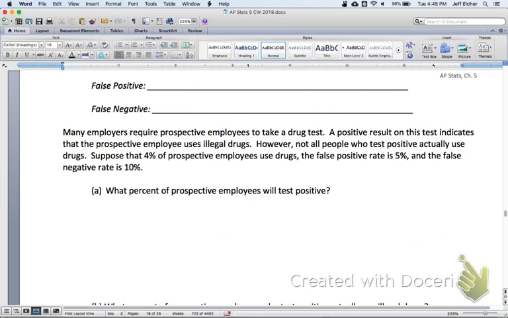Alright, so we have false positives and false negatives. What a false positive is in the medical field is the test says positive, but it's wrong.